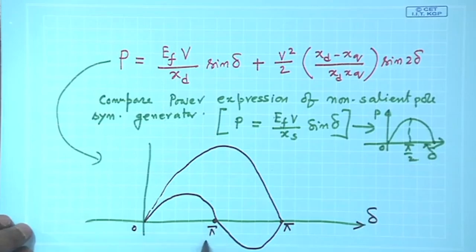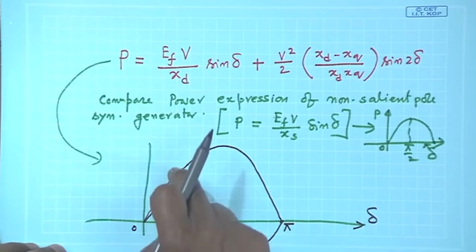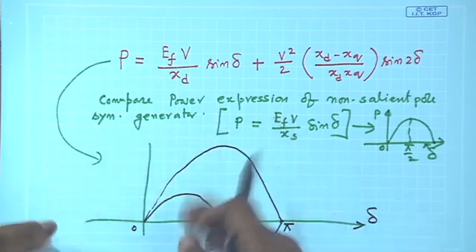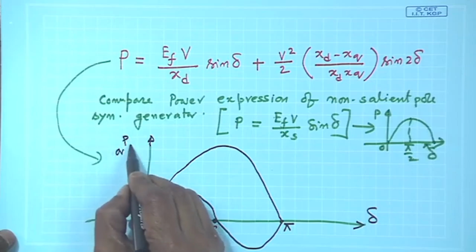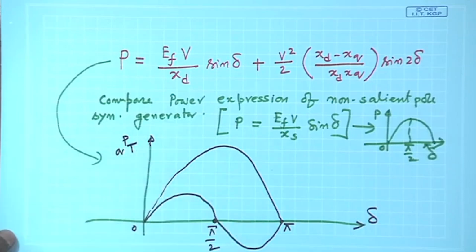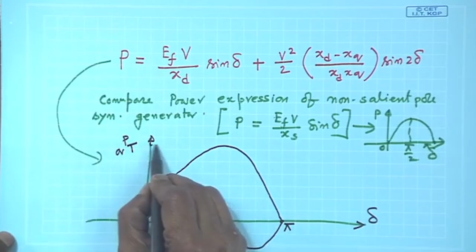This is pi by 2. And these two if you add point by point, you will get the expression for power or torque on the y axis. Okay. Now, the question is, what is this maximum value?